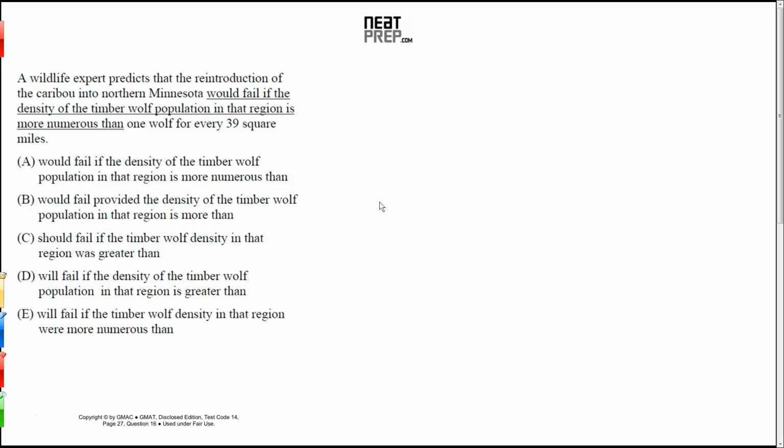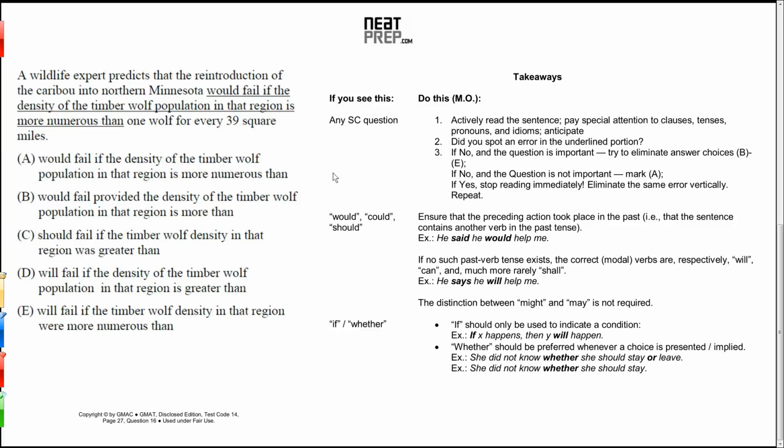Let's start. First of all, the takeaways from sentence correction questions are going to be identical in format to the takeaways from the quantitative questions. So if we start reading the question, a wildlife expert predicts. Whenever you see any sentence correction question on the examination, you need to actively read the sentence.